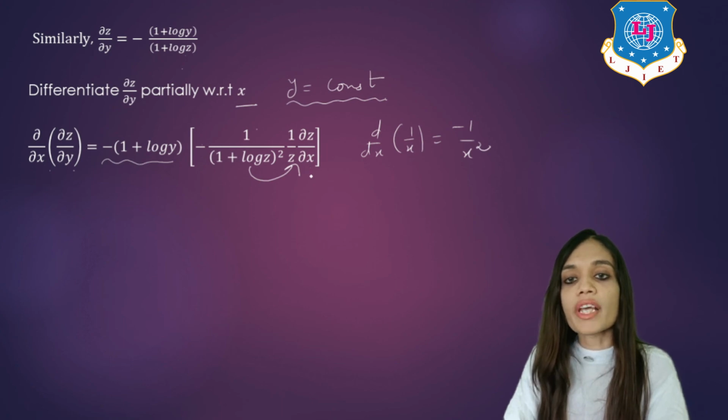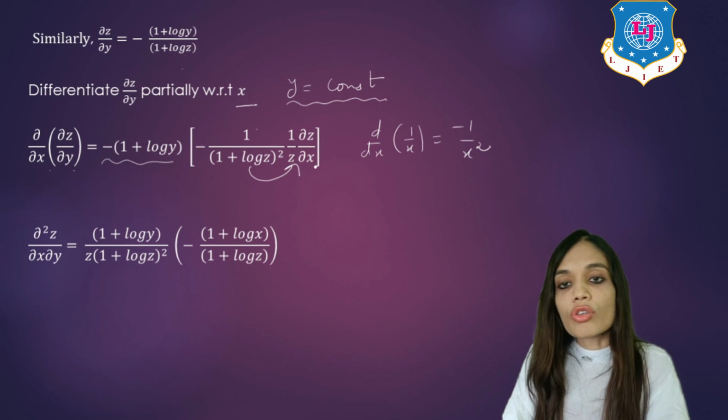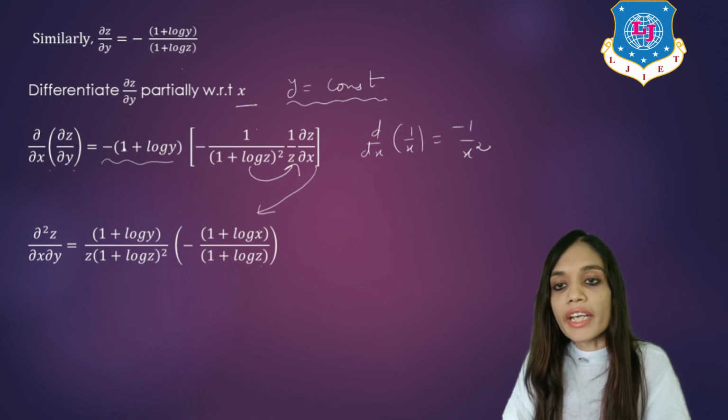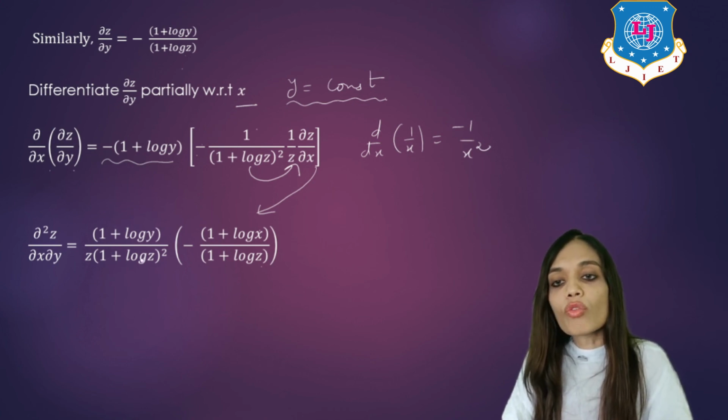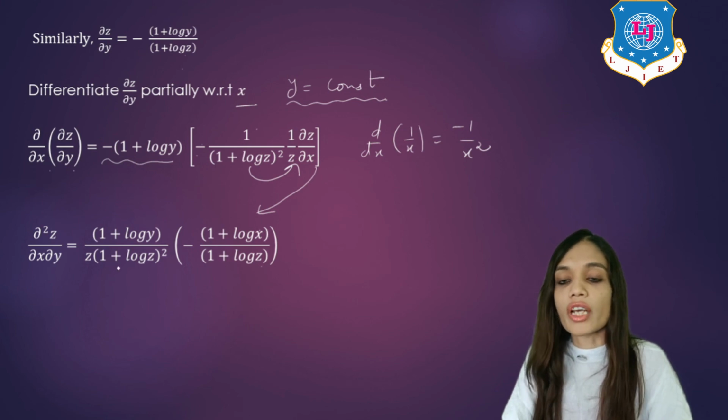Now just replace the value of del z by del x. So del z by del x is minus (1 plus log x) upon (1 plus log z), and here minus minus becomes plus, and it will become (1 plus log y) upon z into (1 plus log z) whole square.